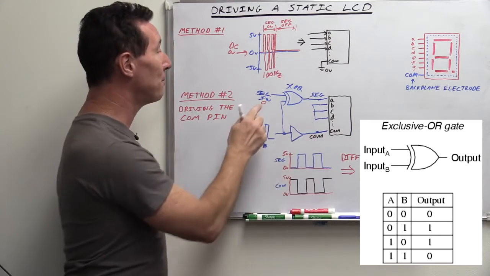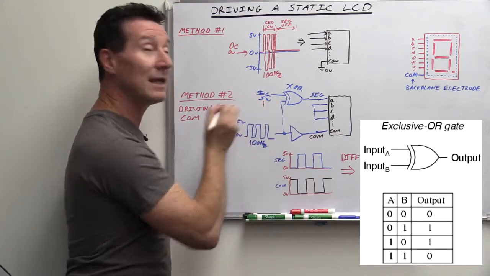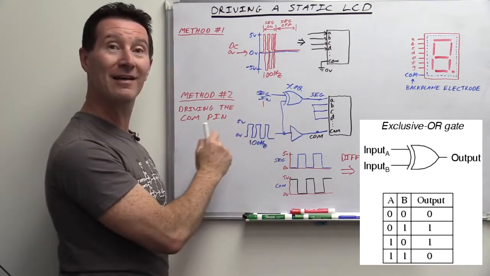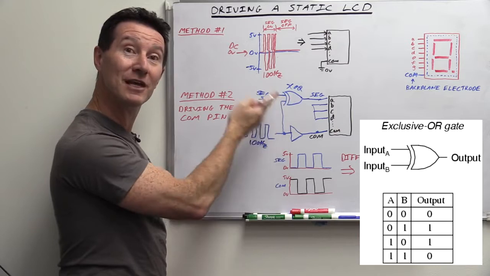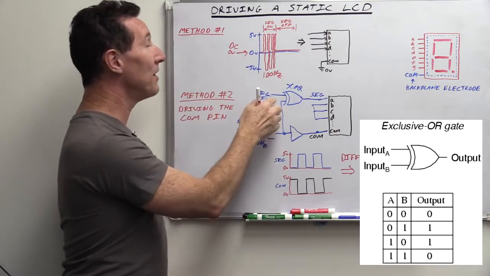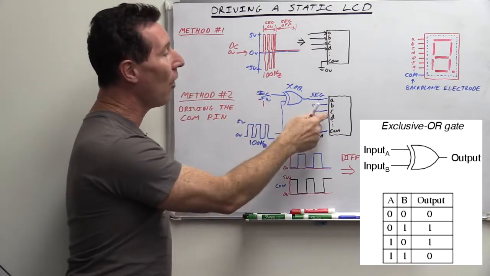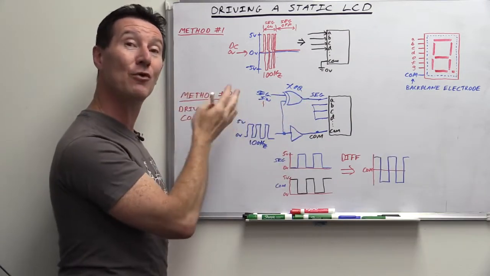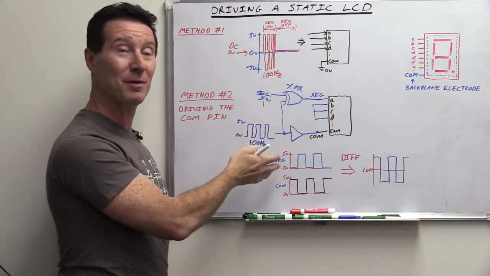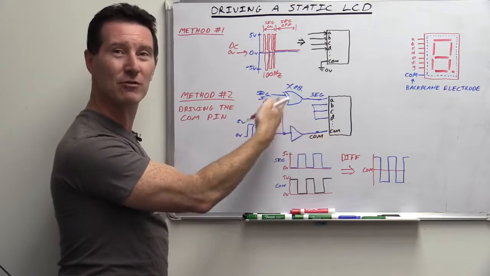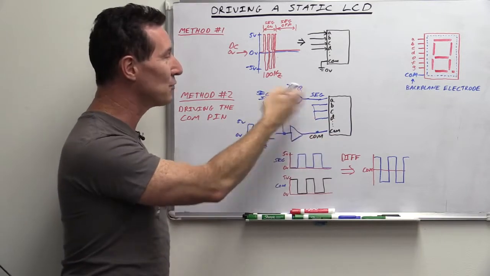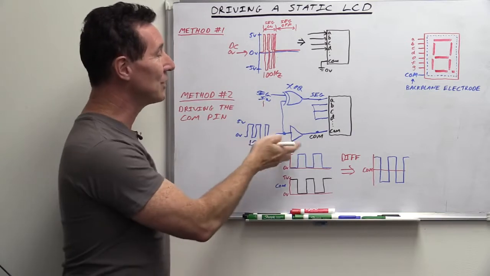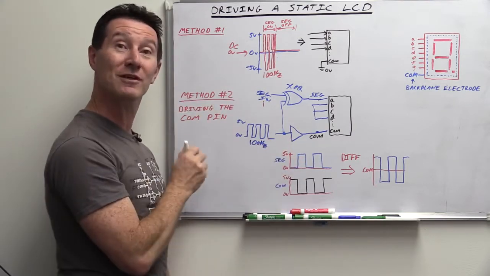It's exactly the same, but if you put a logic 1 here, bingo, the XOR becomes an inverter and it creates your out of phase signal. Ta-da! We've now got logic control of driving the COM pin like this from a single logic rail circuit, be it a microcontroller, 74 series, 4000 series logic, an Arduino, a micro, whatever it is, you can drive it with a single logic just by doing out of phase waveforms.